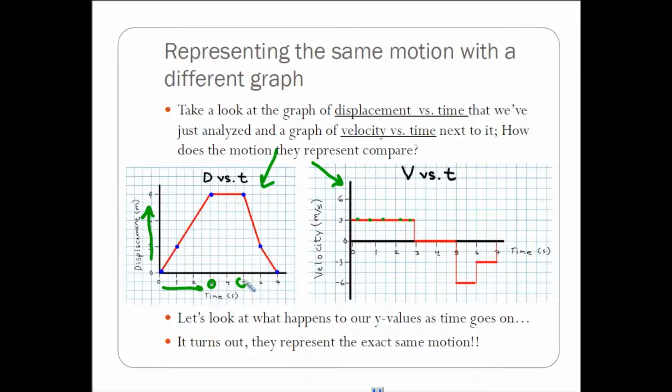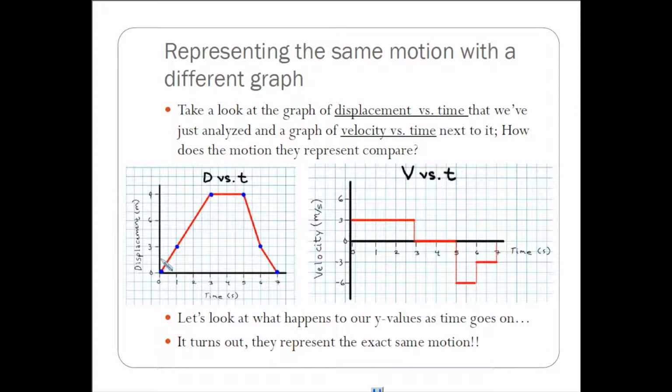From 3 to 5 seconds, as time goes on, it appears as though our displacement does not change. In other words, we're not moving. And in this graph, from 3 to 5 seconds, it appears as though our velocity is a constant 0 meters per second. We're also not moving. If you can't tell by now, these two graphs are representing the same exact motion.